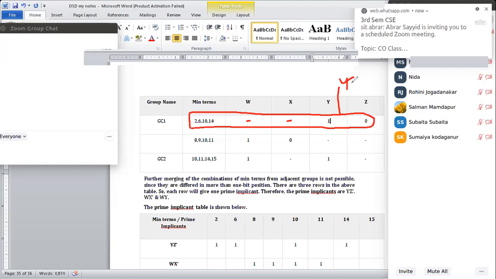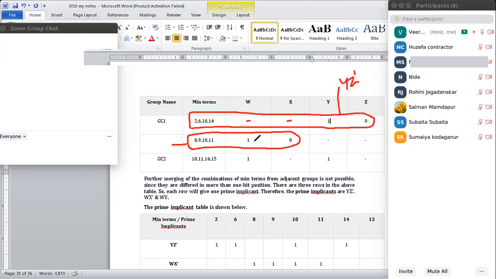It means Z bar. Okay. So from this group I get Y Z bar. From the second row, what I'm going to get is W and X bar. And from the third row, what I'm going to get is W and Y.